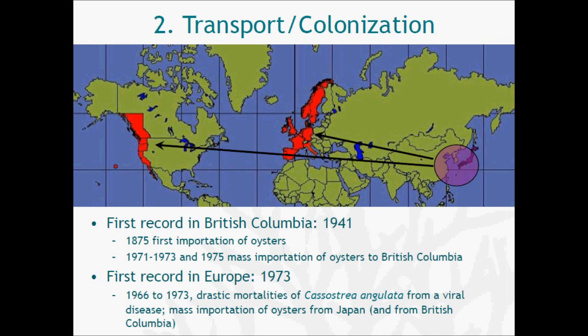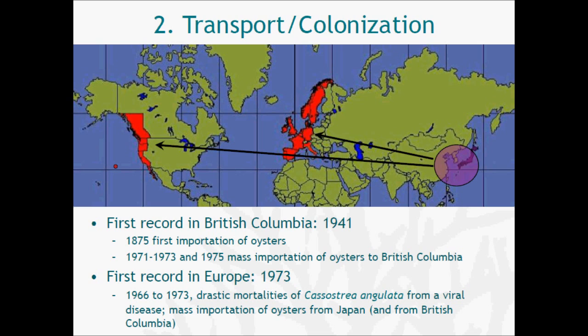Okay, so this is the history. Now we're going to the second phase, the transport and colonization. So this is the origin, and this was transported to Europe and to North America. In North America, the first record was in British Columbia in 1941, very early on.